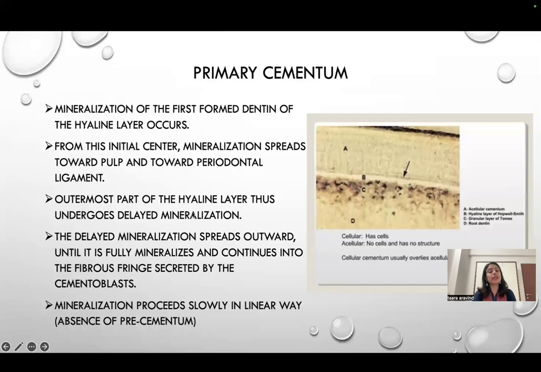And once the hyaline layer gets mineralized, what will happen? It continues into the fibrous fringe secreted by the cementoblast. Here, the mineralization of the primary cementum occurs very slowly and in a very linear way.